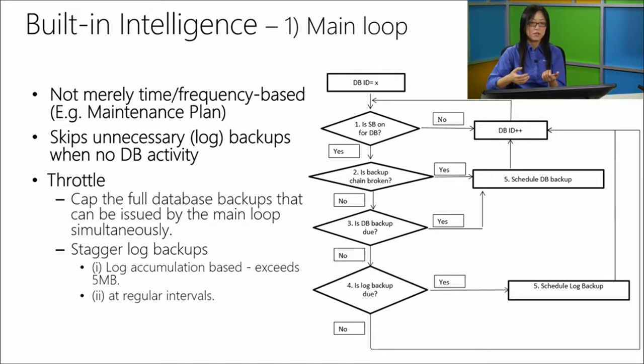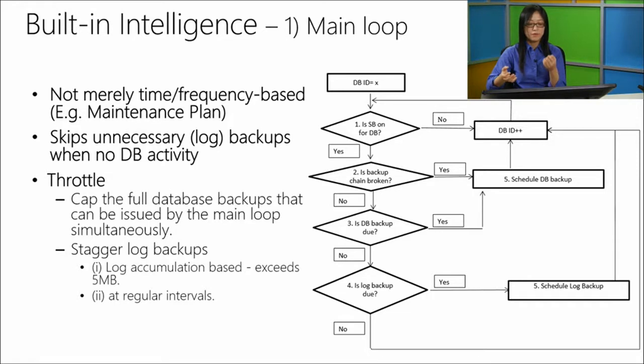Whether it's a full backup or a log backup, we have certain thresholds that we consider. It's not just dumbly like a maintenance plan that takes a backup at a certain interval; it also considers the activity of your live system, to see whether it needs to fall back or be more aggressive.